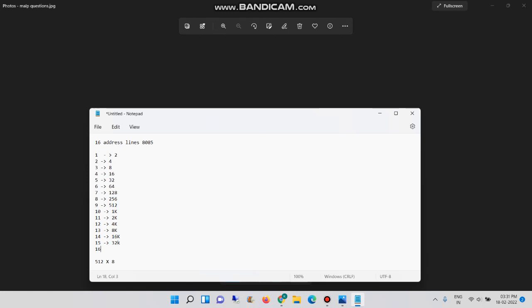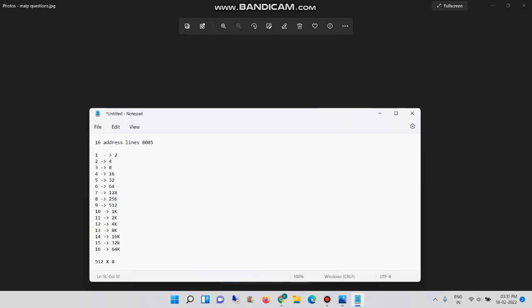And finally 16, up to 64K. As you know, we have 16 address lines, so the maximum capacity of the 8085 microprocessor is to address up to 64 kilobytes, that is 64,000, something like that.